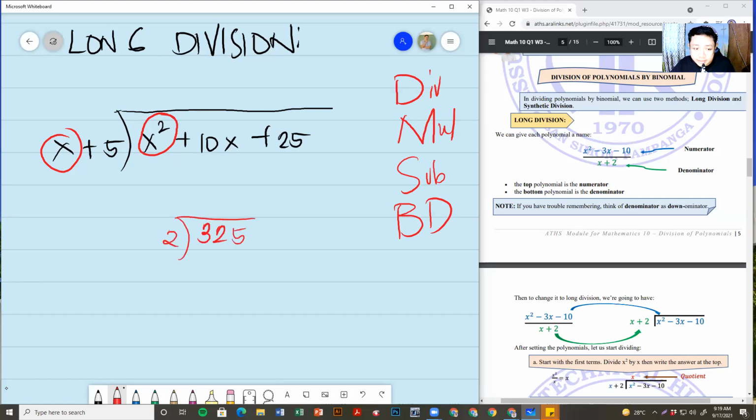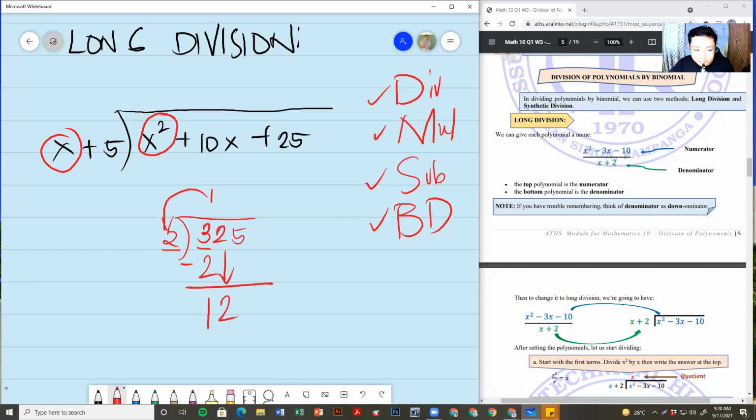You know the process? Divide: 3 divided by 2. See? Even in a normal number, we only divide the first terms, or the first digits. 3 divided by 2 is 1. Then multiply. 1 times 2 is 2. Then subtract. 3 minus 2 is 1. And then bring down 2.